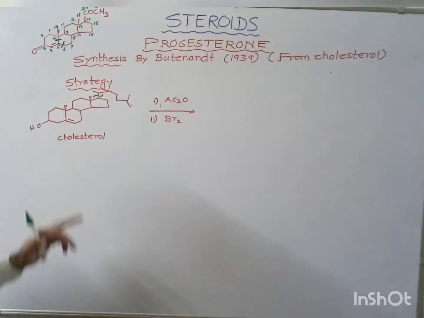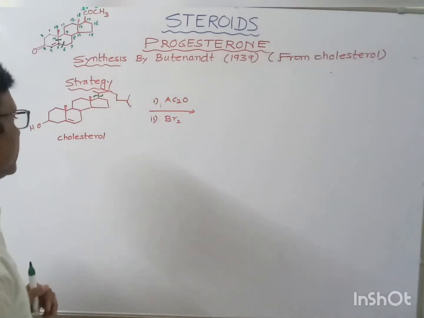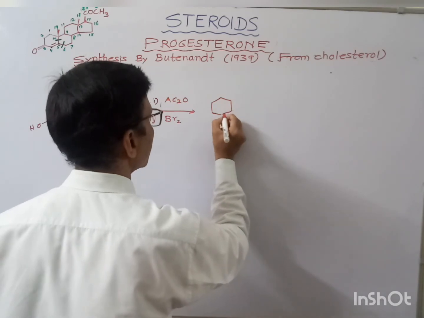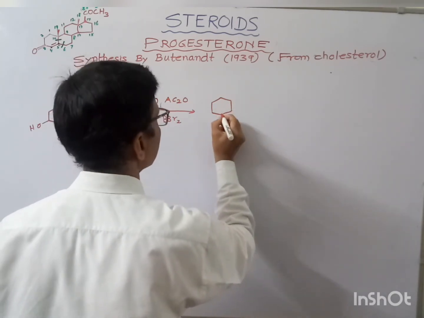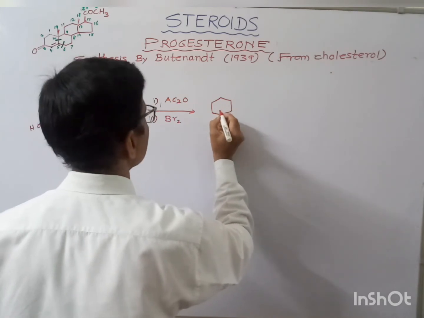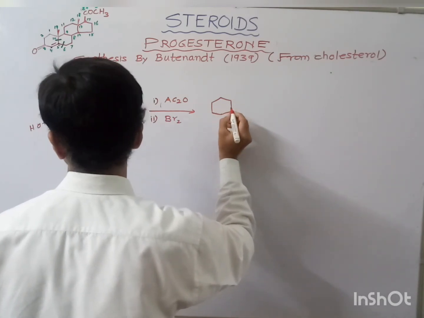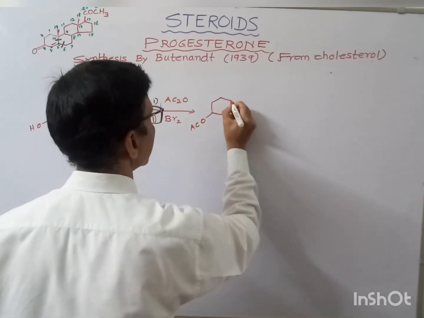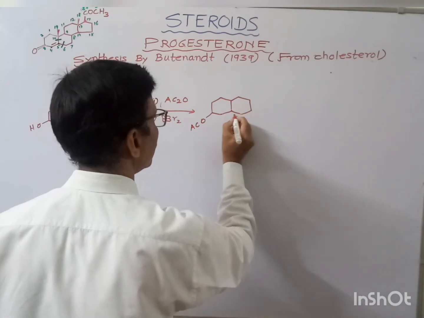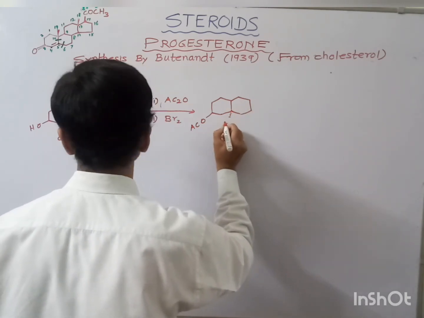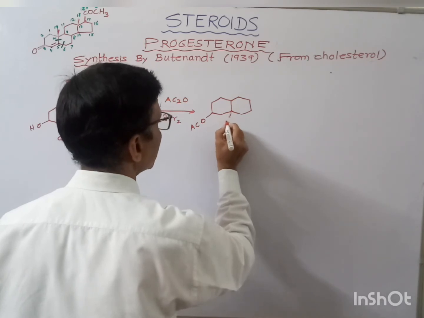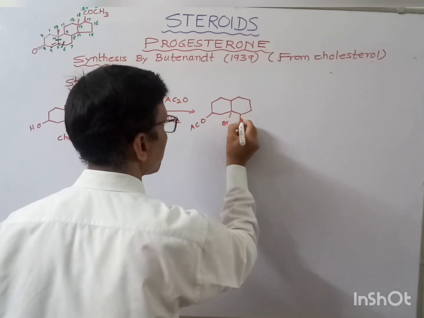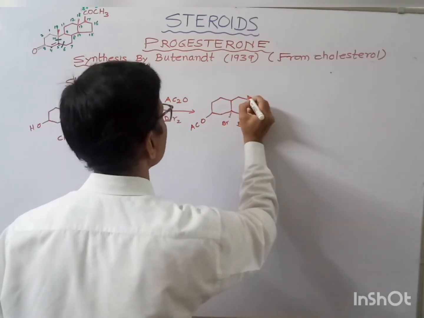We add bromine over this double bond. So why has this been done? This would be converted into OAc, and here anti-addition of bromine takes place.